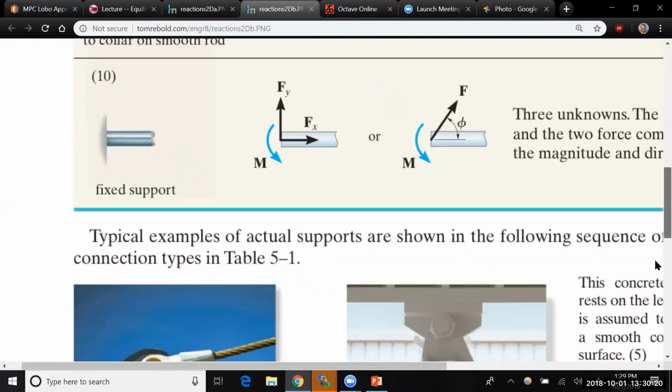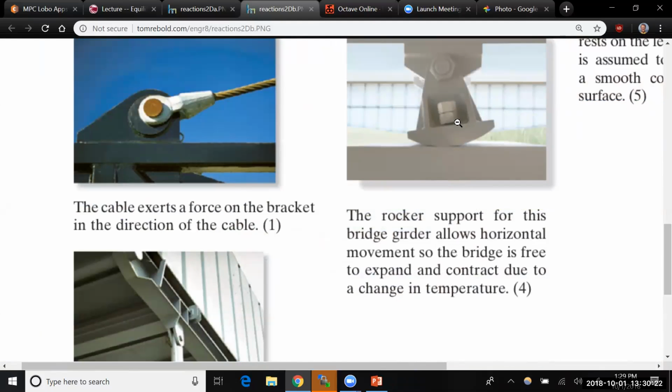There is actually, it's not a rocker, but there is a joint that allows the bridge to expand and contract. So we model it as a roller in a lot of our statics problems, but in fact, there's like a slotted screw thing, and the screw will just slide along, anchoring it in there but allowing it to expand as needed.